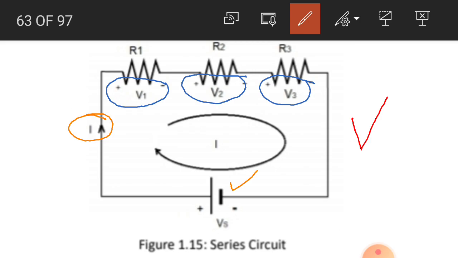There is a DC current in the clockwise direction in this loop. The voltage drop across the resistor R1 is V1. The voltage drop across the resistor R2 is V2. The voltage drop across the resistor R3 is V3.